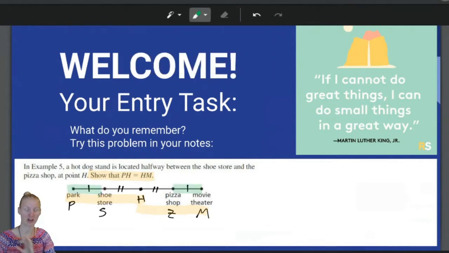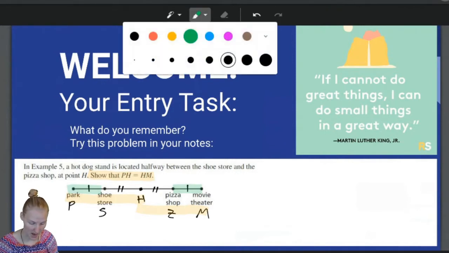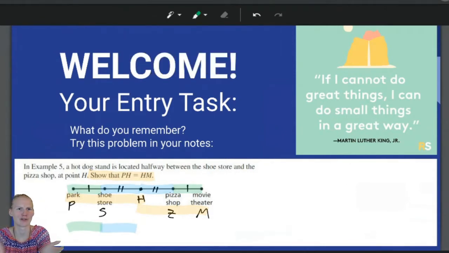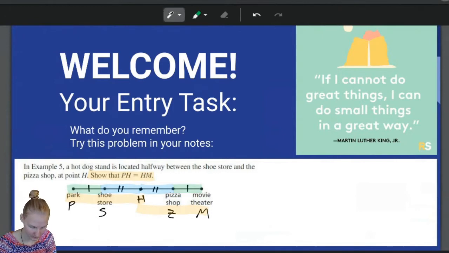This and this are exactly the same, so I know that PS and PZ are the same, and I know that SH and ZH are exactly the same. So if you put one green and one blue together, that's the same as one green and one blue together. So of course they're the same. We can see in this diagram that they are the same, but now we need to show it in math talk, in math speak.